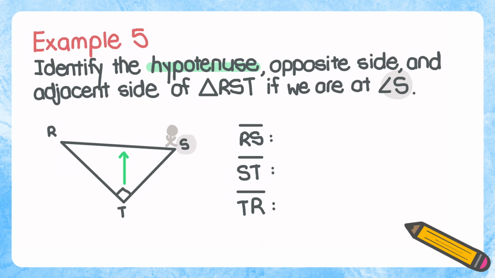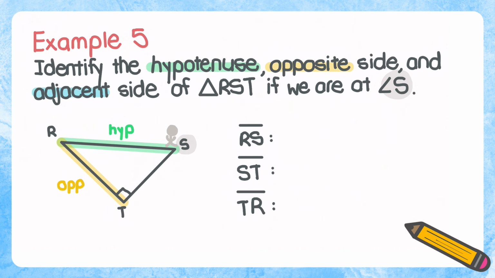The hypotenuse is always across from the right angle, so it would be this side right here. And then let's find the opposite side. So the side across from angle S is side RT, or side TR. So this is my opposite side, and this side was my hypotenuse.